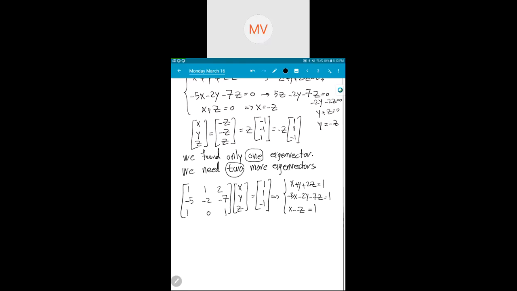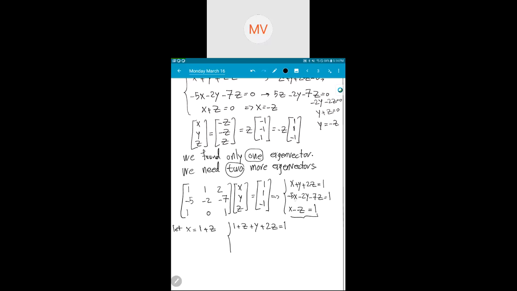All right. So similarly, let's go ahead and solve for x out of that one. Let x be 1 plus z. Set it in the other two equations. So we have 1 plus z plus y plus 2z equals 1.